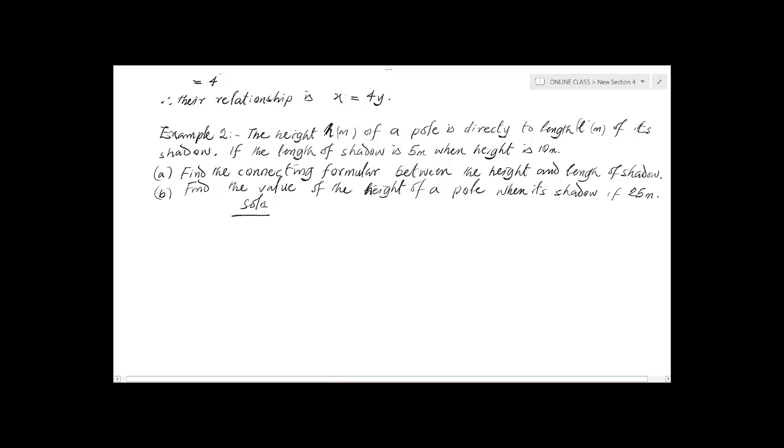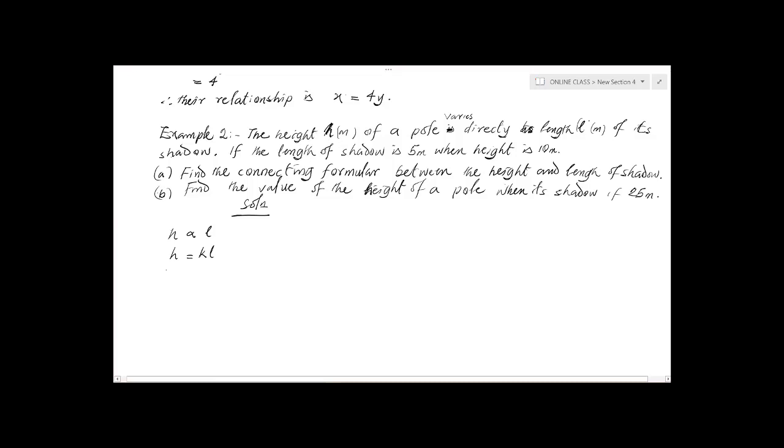Solution. They say that height is directly proportional, so I'll just say that height varies directly as length. So H varies as L, that is H equals KL.